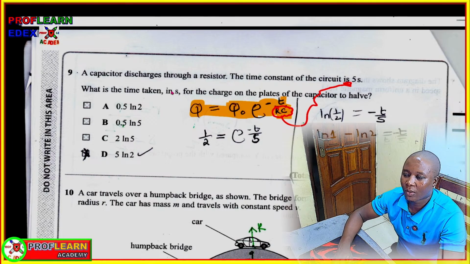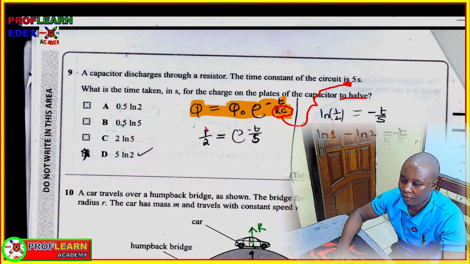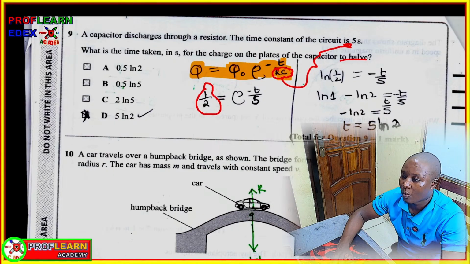We are told how long it takes for the charge to halve, meaning Q over Q naught, which is Q original, is going to be a half, because how long does it take to halve?